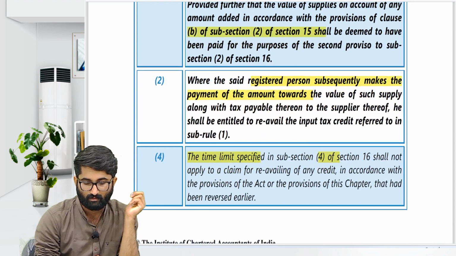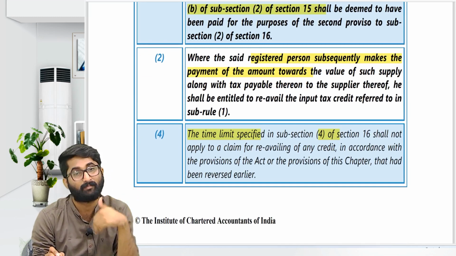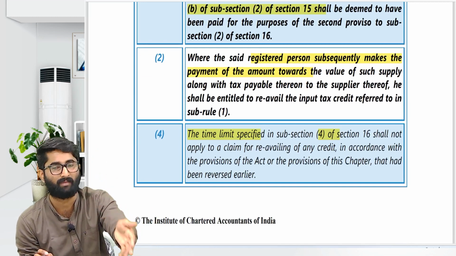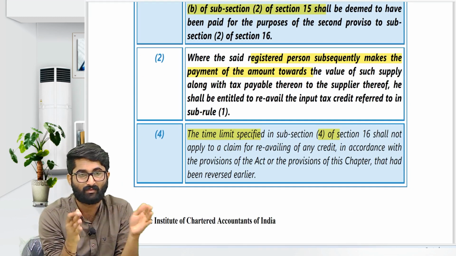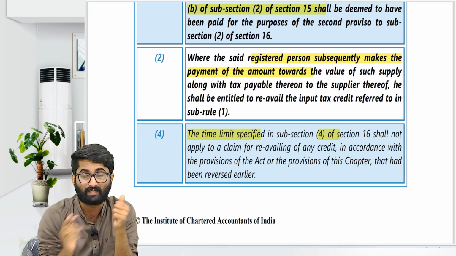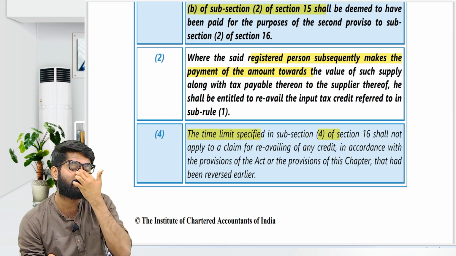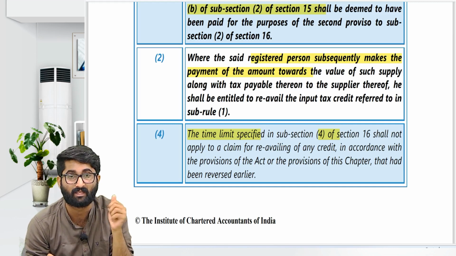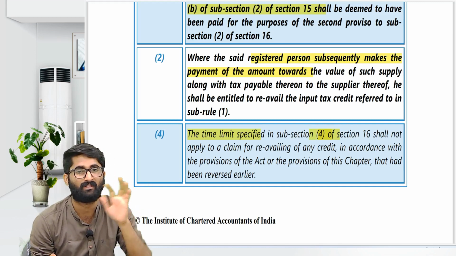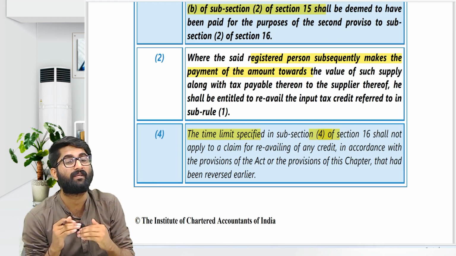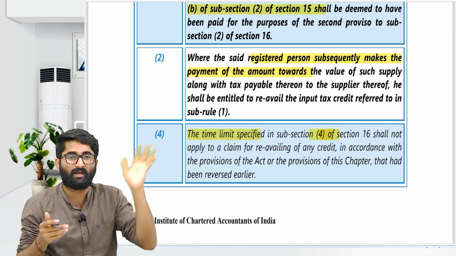Next, in case of Rule 37 sub-rule 2, where the registered person subsequently makes the payment after 180 days, then he can take the ITC. Now, the time limit which is given in Section 16(4) to take the ITC, what if that is already expired? Remember, in this specific case you did not pay within 180 days and you reversed the ITC.